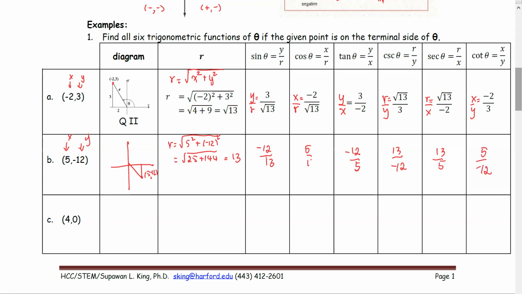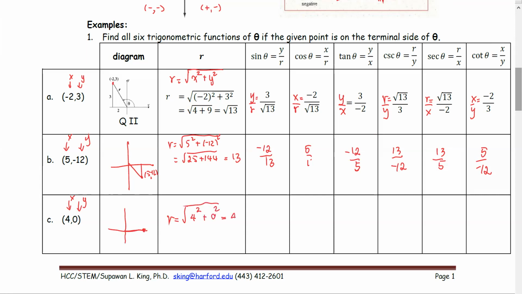Let's see the last example. The ordered pair (4, 0) is located on the x-axis. Our x is 4, our y is 0. To find r, follow the same formula, the square root of x squared plus y squared.